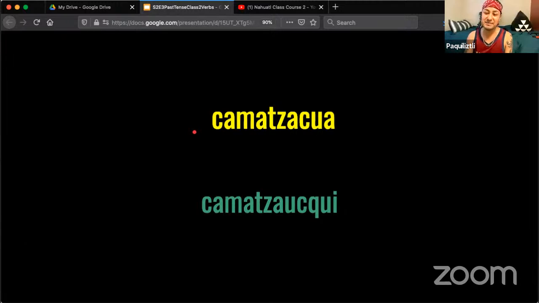You could add another object, because when you say shimo camatzacua, the object is yourself. You're doing the action to yourself. So it has two possible objects here. But really the transitive verb here is tacua.